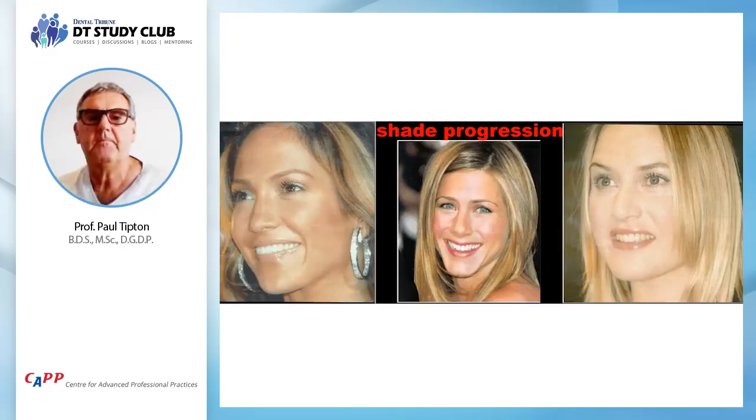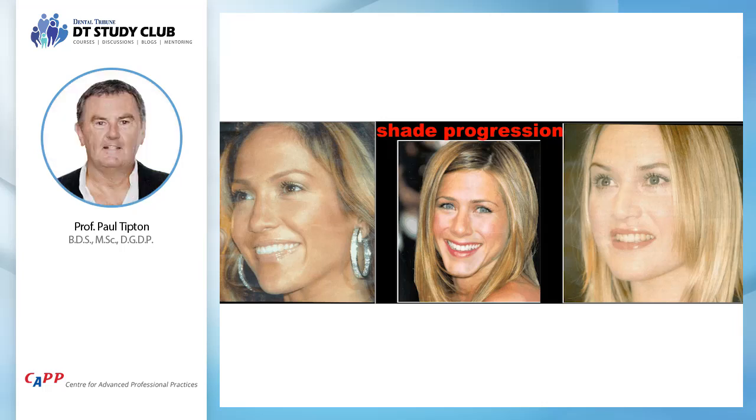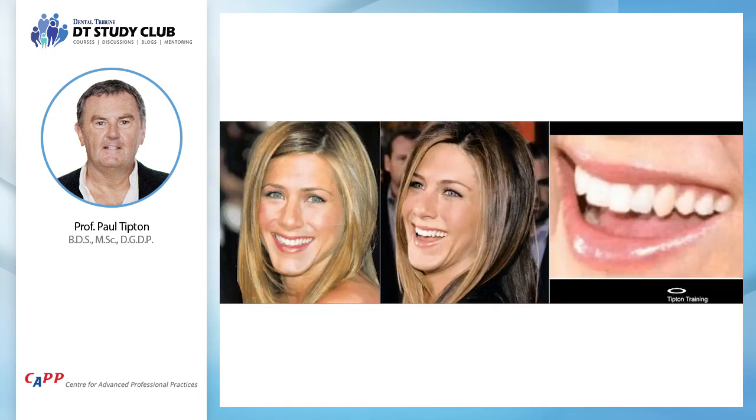And if you maybe have problems getting this over to your patients, then what I do is I take photos from magazines of celebrities, and I know this doesn't recreate it that well here at the moment, but if you did look at some of the canine teeth, the Kate Winslet canine tooth is slightly darker, the Jennifer Aniston canine is darker, the J-Lo canine is darker.